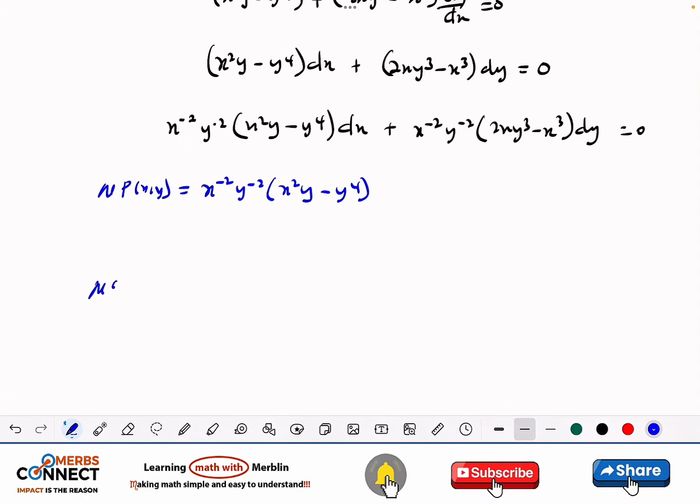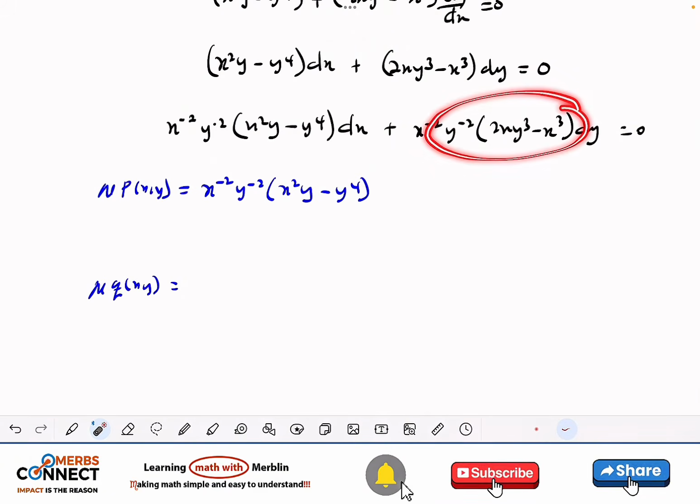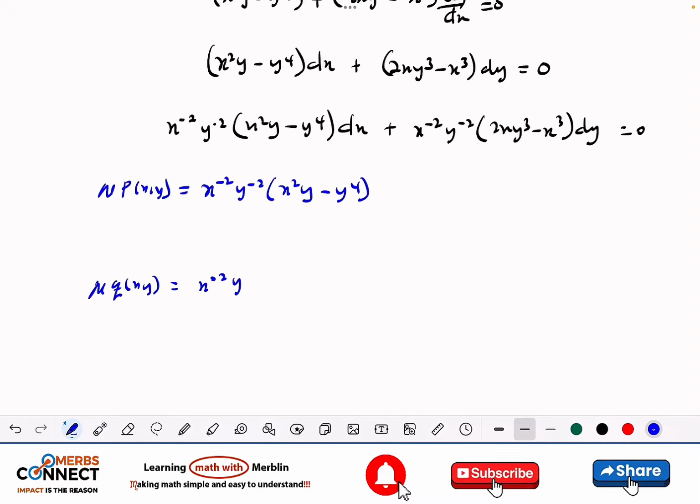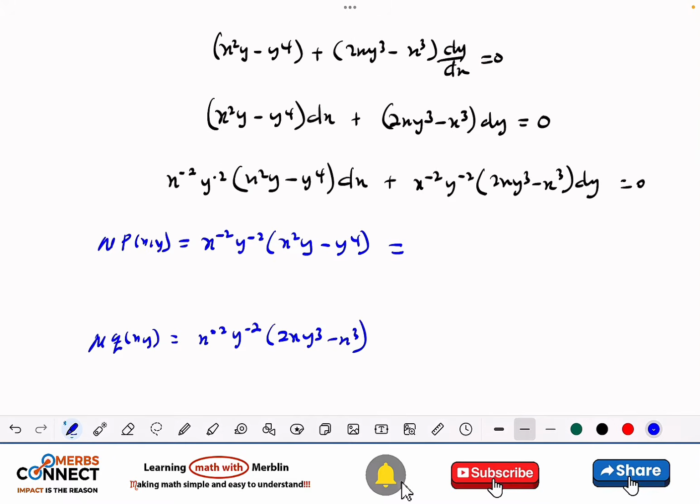That is our new p. Then mu of k of x y will be the coefficient of dy, which is x to the power minus 2, y to the power minus 2, 2xy cubed minus x cubed. But we can simplify this by multiplying through so that the differentiation becomes easy. So when I multiply through, x to the power minus 2 times x squared will be 1, right?